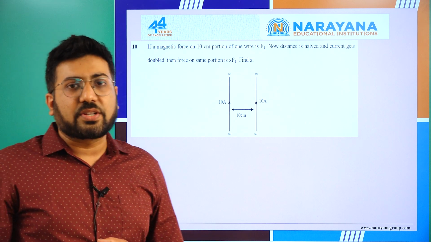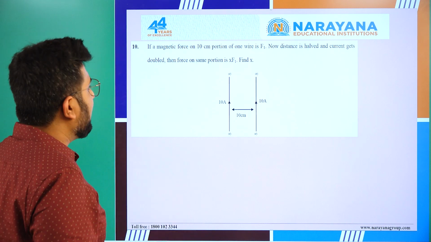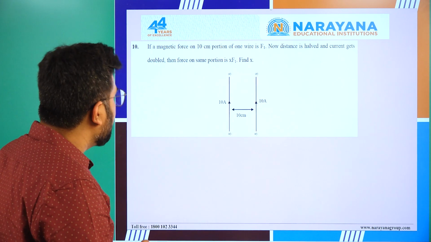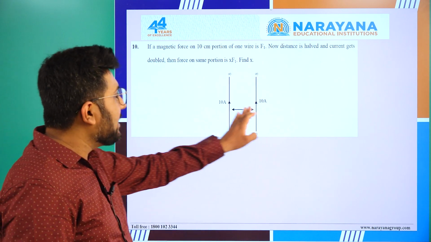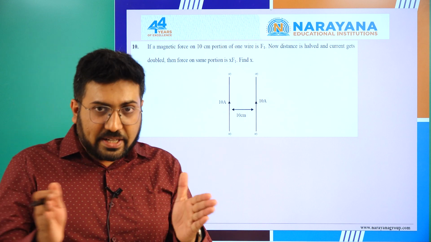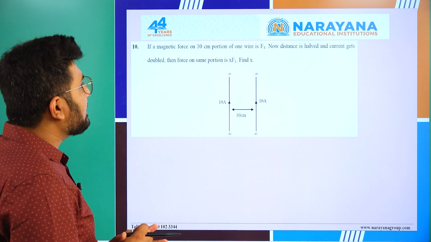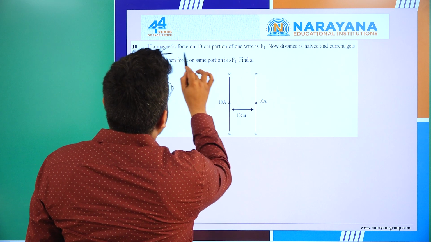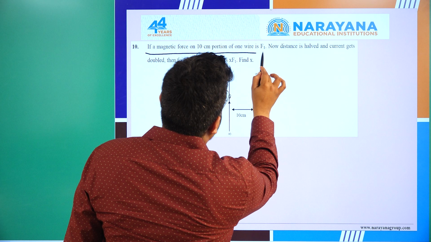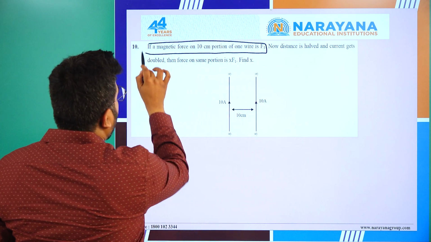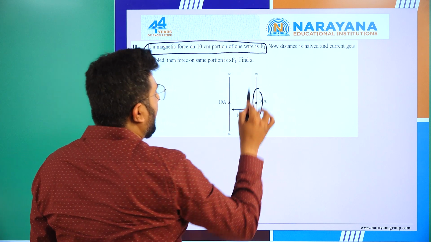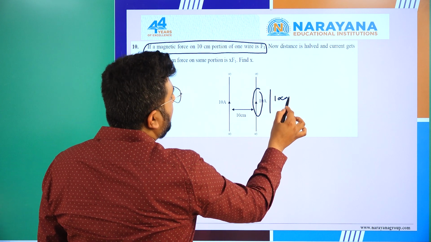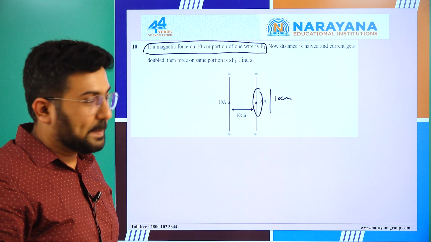So in this question, we are being given two wires. Okay, you can say two infinite wires, both carry the same current, 10 ampere, and they are separated by a distance of 10 centimeter. Fine. So if the magnetic force on the 10 centimeter portion of one wire is F1, any one wire they have taken, and on a 10 centimeter portion of this wire the force is F1.